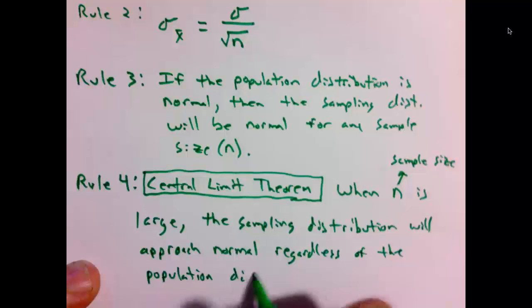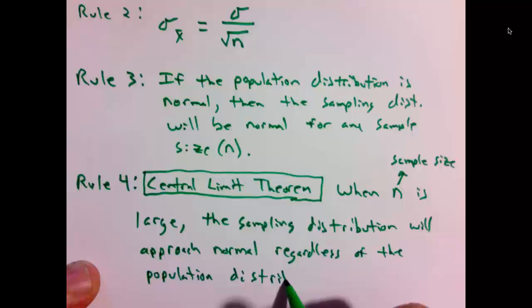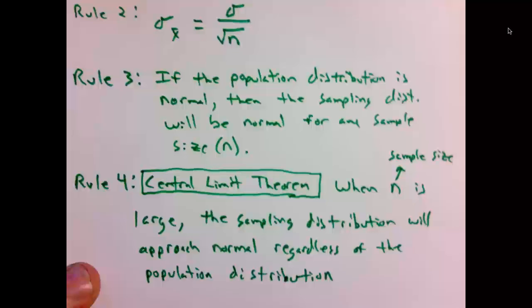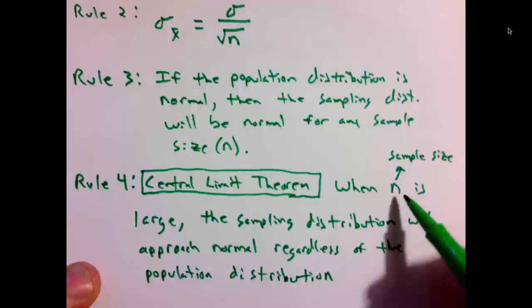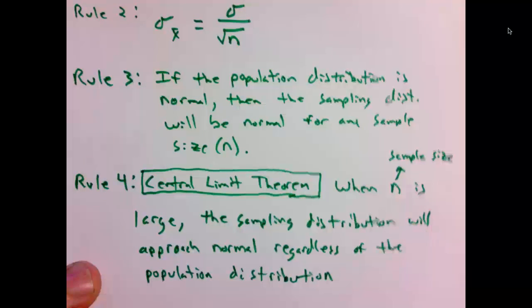And we're going to investigate this in class. Doesn't matter what the underlying distribution could be, the craziest looking thing ever, but if you take a big enough sample size and look at the sampling distribution, it's going to be normal.